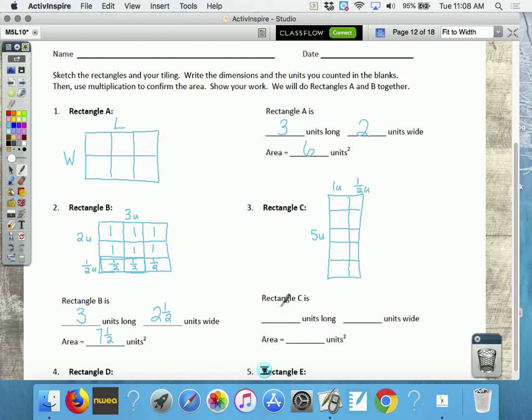So 5 units long. No. Did I put that in the wrong place? Yes, I did. 1.5 units long because length is at the top, and 5 units wide. And we had 1, 1, 1, 1, 1. And then all these halves, didn't we? And the halves, did we put 2 halves together to make a whole? Yeah, we did. So right here, 7 and 1/2.